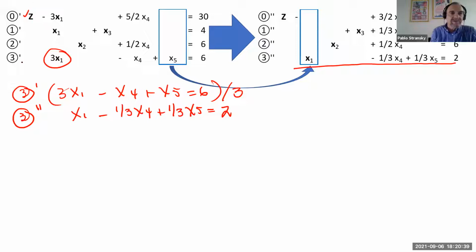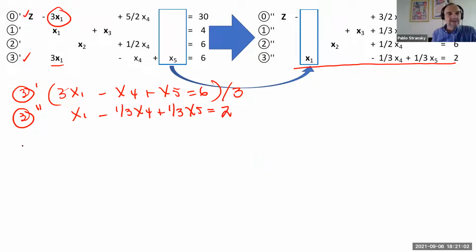I shall start with equation 0. I got here a 3. I also got here a nice 3. So I'm going to be using the original 3 apostrophe. Remember that we can only add and subtract here.